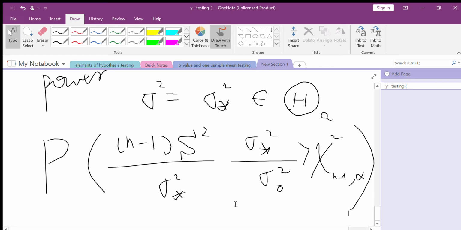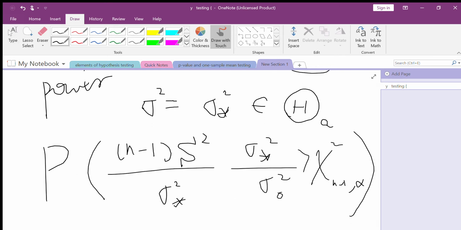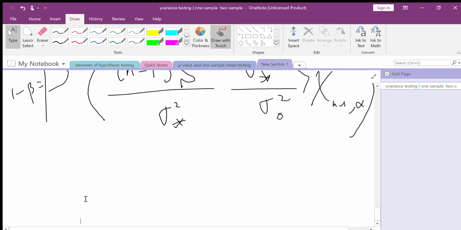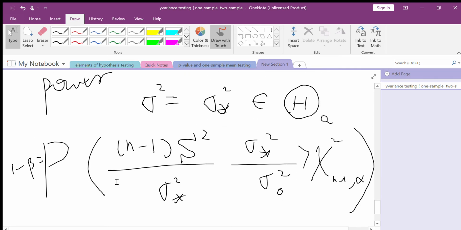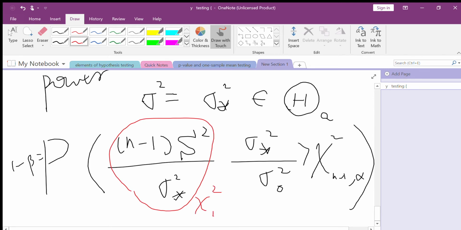So this is the power, 1 minus beta. And again, this thing is a random variable chi-square n minus 1.